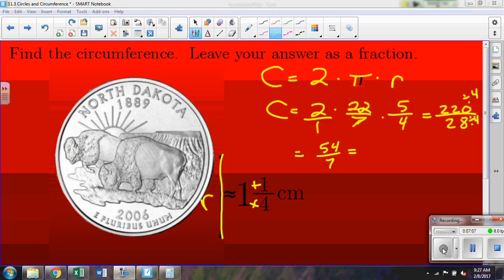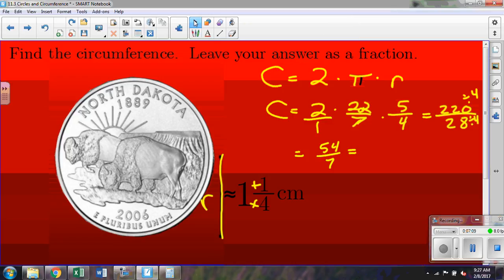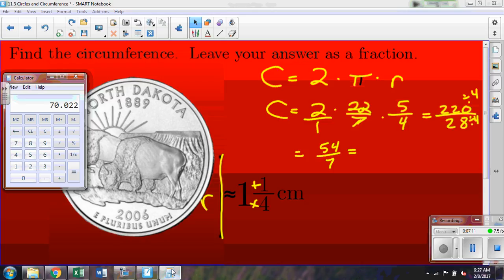And 55 divided by 7, remember that we discussed that we could do this with a calculator, conversions anyway. 55 divided by 7 gives us a whole number of 7 because it's 7 point. Subtract off whatever whole number you got to get just the decimal.